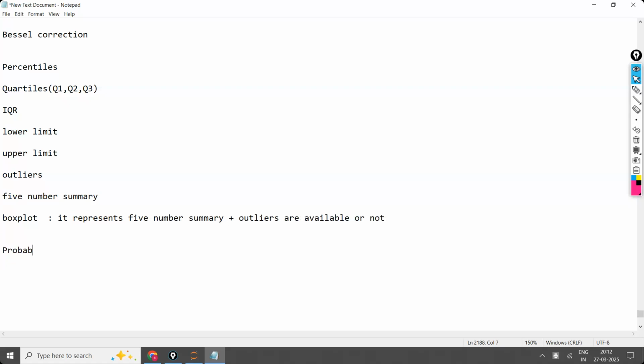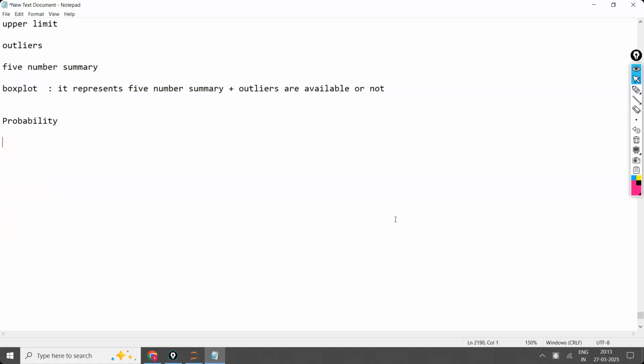After this, the next topic was probability. What is probability? After explaining probability for discrete and continuous variables separately, I explained how to calculate the probability when data is given. First, the calculation of probability for discrete data: by writing the condition, probability of the condition is equal to the number of records satisfying your condition divided by the total number of records.